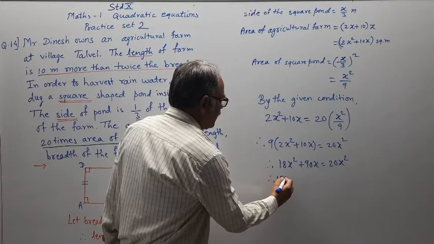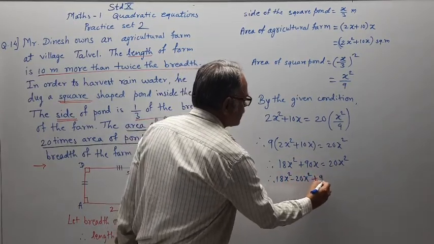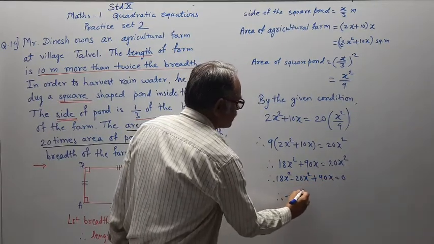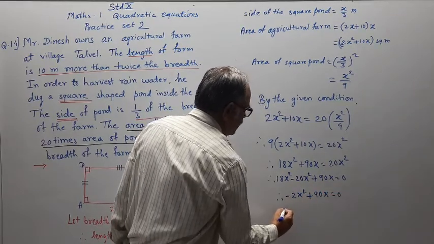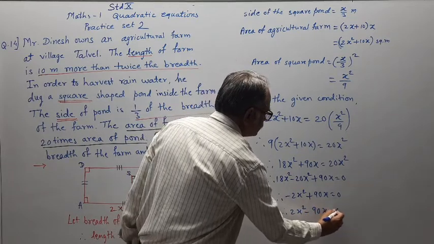Therefore, 18x square minus 20x square plus 90x equal to 0. Minus 2x square plus 90x is 0. Changing the sign, 2x square minus 90x is 0.